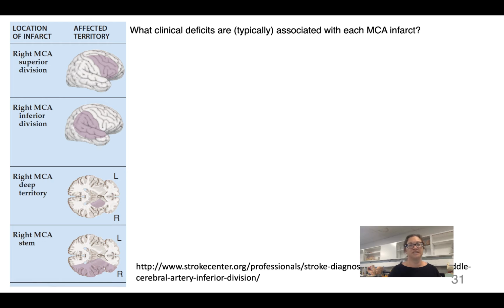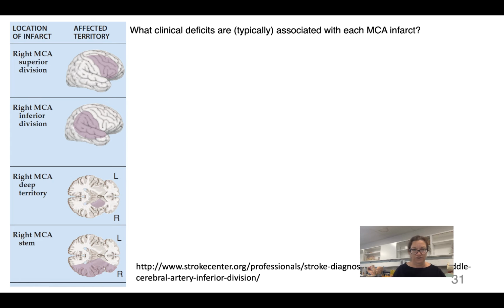You can also see that an M3 MCA superior division stroke would affect Broca's area in the dominant hemisphere. So in most people, that's the left hemisphere. So if it's on the dominant side, you have Broca's aphasia. On the non-dominant side, as it's shown here, typically the perceptive deficit is not aphasia, it's hemi-neglect.